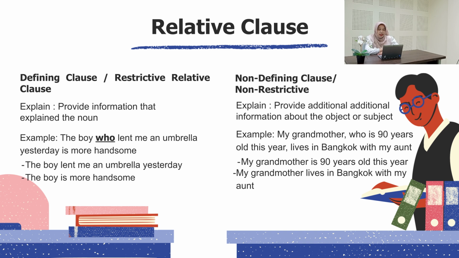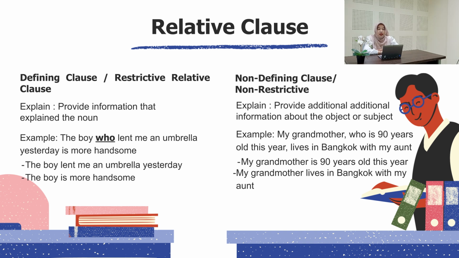And the second is the boy is more handsome than him. So if we combine them into one, it will be the boy who lent me an umbrella yesterday is more handsome than him. So which shows the relative clause or adjective clause? Yes, who lent me an umbrella yesterday. And for a defining clause, you don't need to put two commas around the clause.